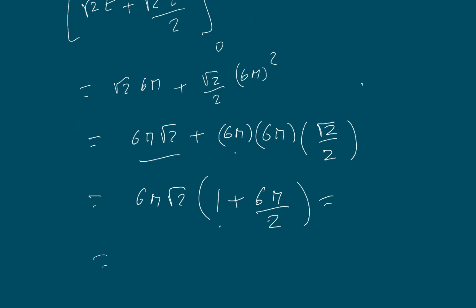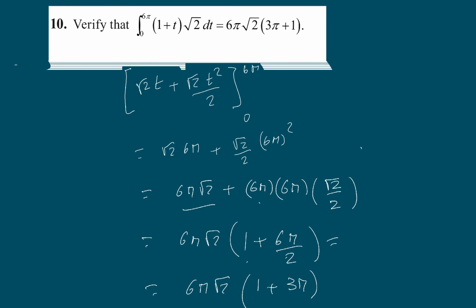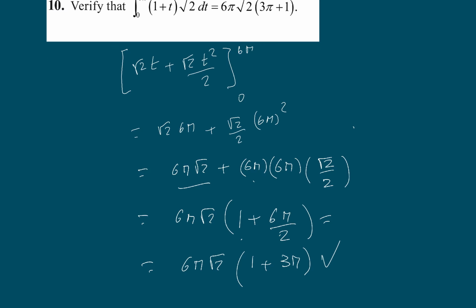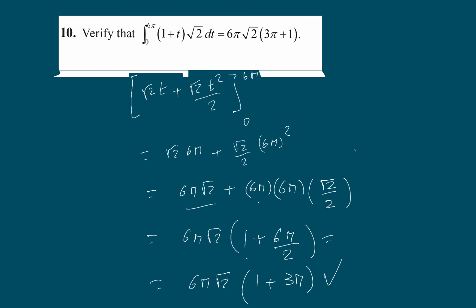So it will be 6 pi square root of 2 that multiply 1 plus 3 pi. And let's see if it's the same thing. 6 pi, 1 plus 3 pi, is the same result. Okay. I don't know why this problem is here.